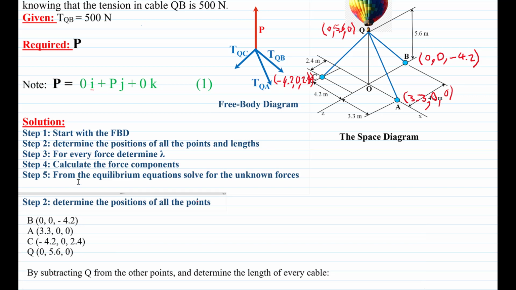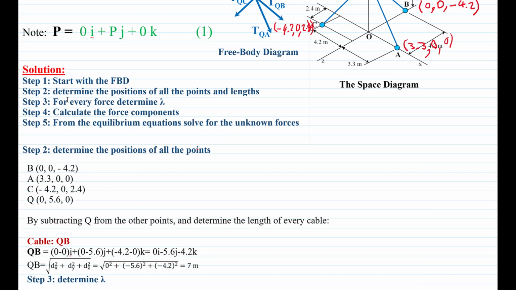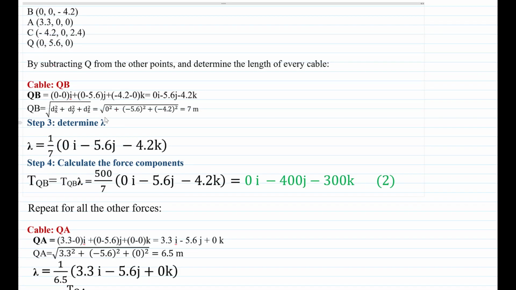Okay. So once we determine the points, we move to the next calculation, which is to determine the length and the lambda vector. We're going to start with one cable at a time, so we'll start with cable QB. First we're going to do B minus Q. So it's going to be 0 minus 0, you get the x component.